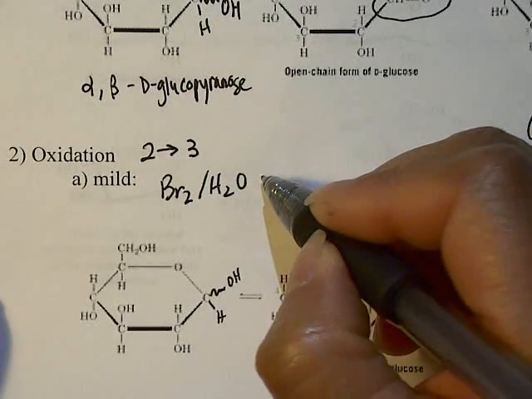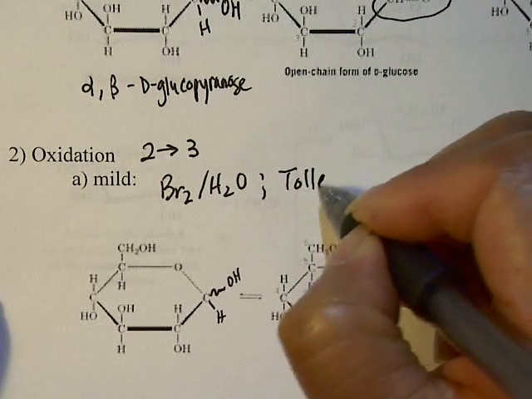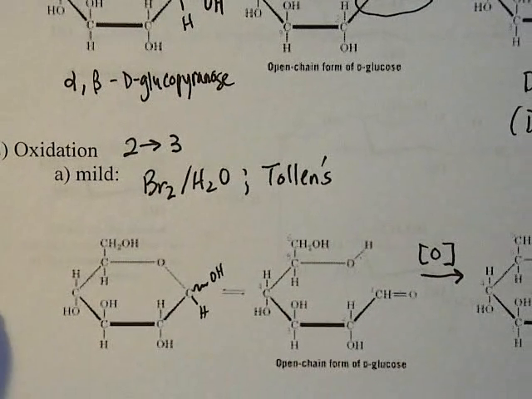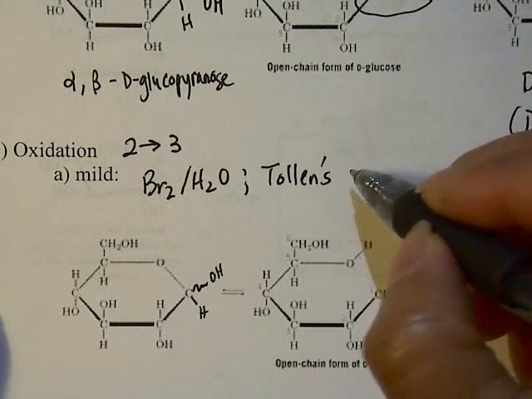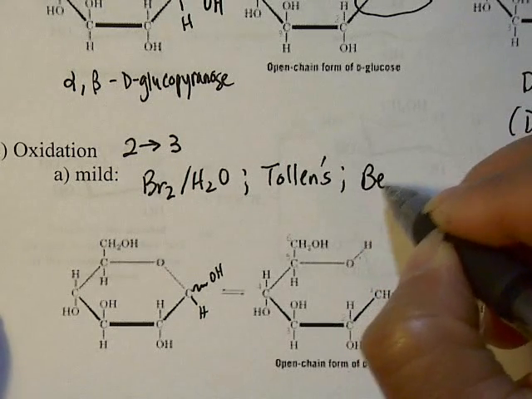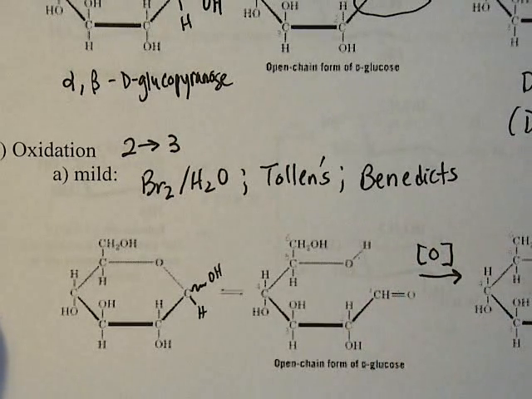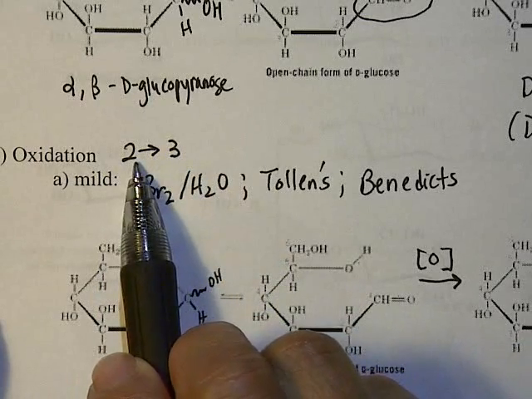But some of the other ones that you'll hear about is Tollens reagent, which you may use in the lab. A lot of times that's a test that's used to prove that there was an aldehyde present in the material that you're working with. And the other one that's often used is Benedict's. All right, so all these are mild oxidizing agents, which means that it's going to go from 2 to 3.